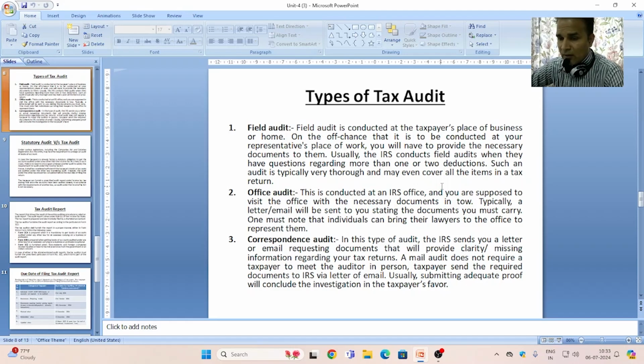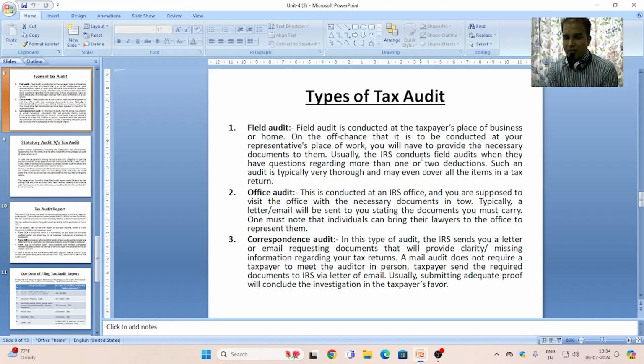Usually, the IRS conducts a field audit when they have questions regarding more than one or two deductions, such as deductions regarding the profession or business. Such a type of audit is typically very thorough and may even cover all the items in a tax return exam.